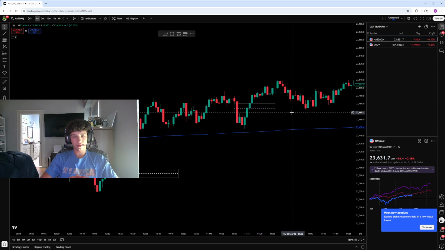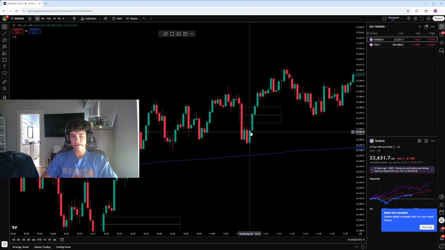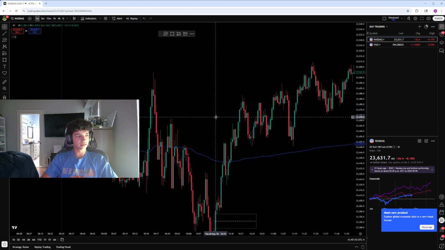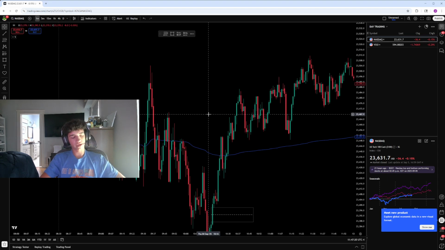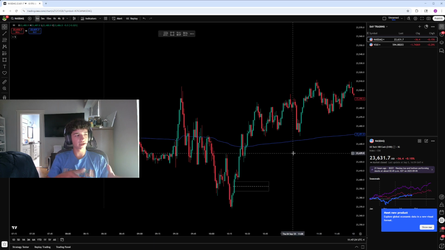Boom. And here, this is called an inverse fair value gap. Instead of respecting it, it inversed it, so it closed above the fair value gap. You guys know how with a break of structure, whenever it closes below or above the swing, that's the actual break of structure, changing the direction.